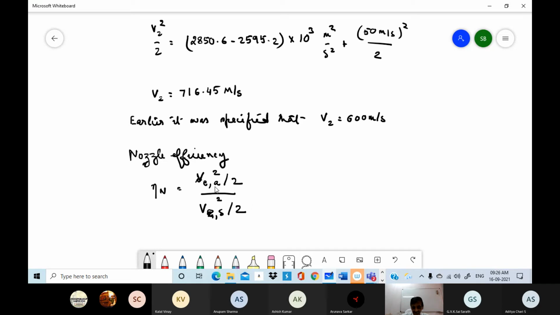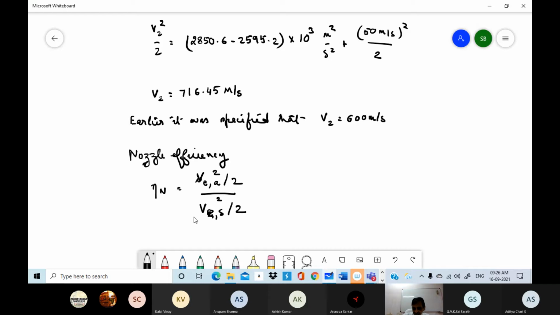is the V exit actual square by 2. So this is the actual kinetic energy which you obtain, and V_ES, where S denotes isentropic. So if I were to assume that the expansion is isentropic, then what is the kinetic energy I would obtain? If it is isentropic, that means there is no entropy generation. So that would be the ideal kinetic energy, in the absence of any irreversibilities. But there are actual irreversibilities, friction, etc., because of which the actual velocity obtained is less.